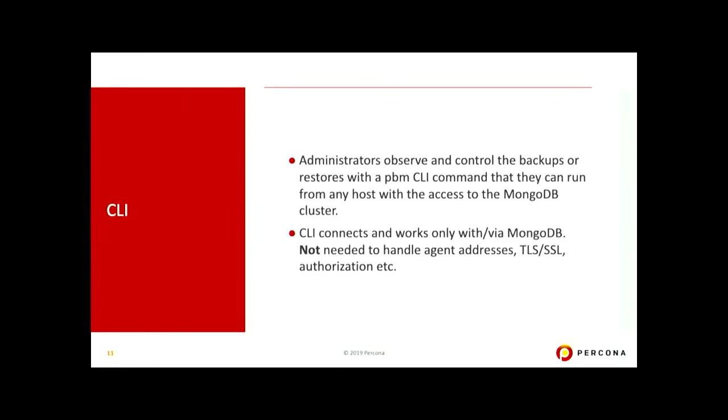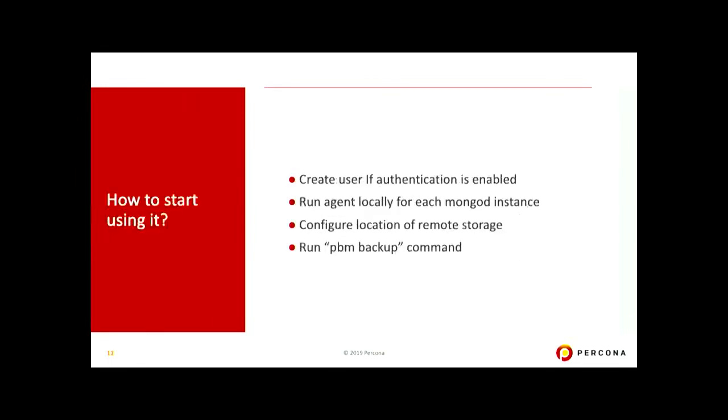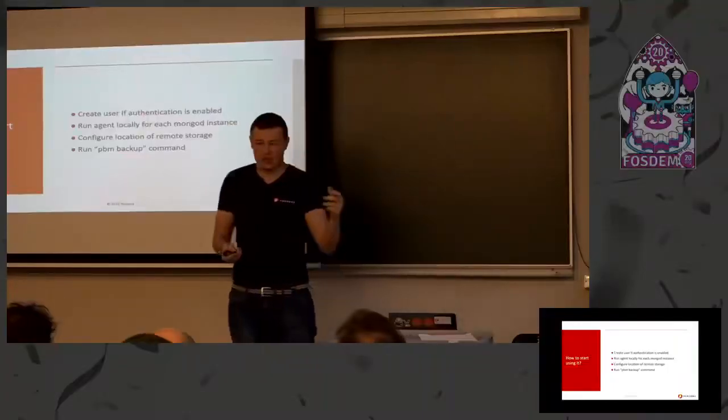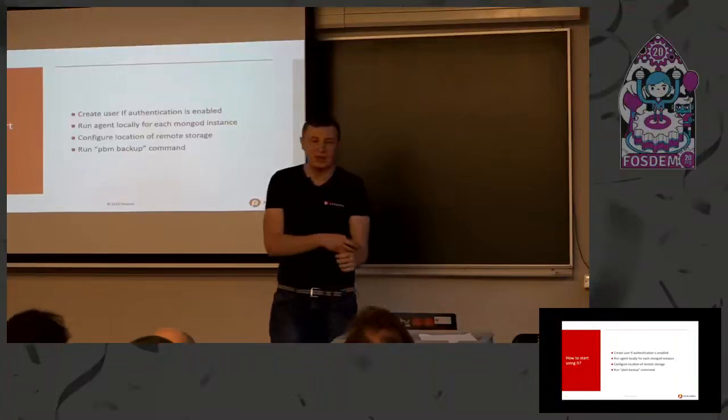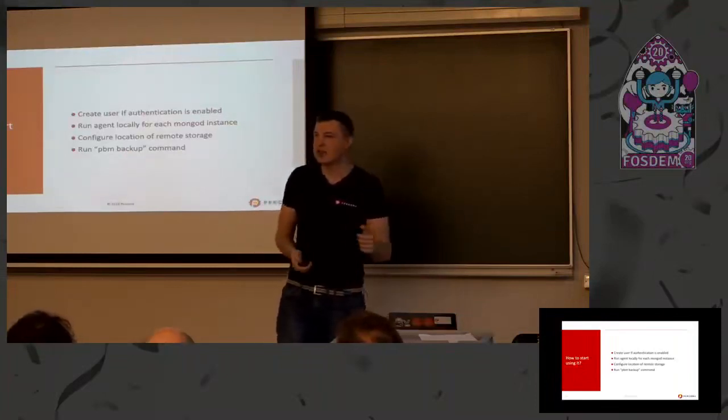So how can you start? That's pretty simple. You need to create a special user which has all needed permissions in MongoDB, like dumping your collections, dumping system collections, and creating system collections.